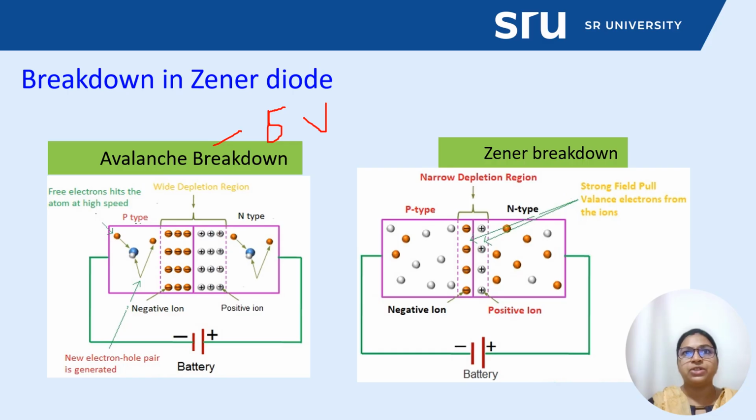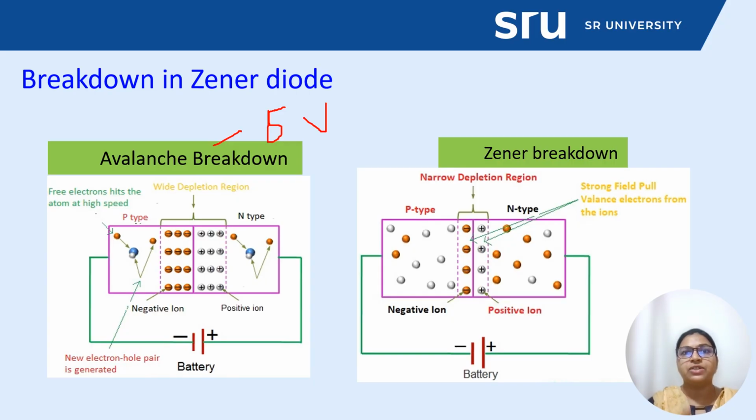The outermost shell electrons that get enough power from the field will break away from the effect of the mother atom. Suppose this side has holes and they get enough power from the field, then the holes will come out from the P side and come here.